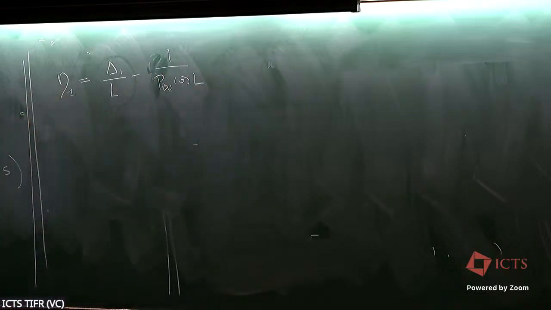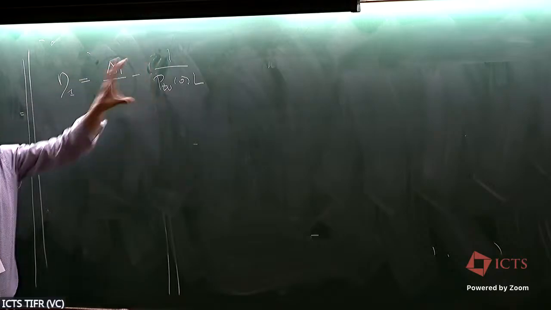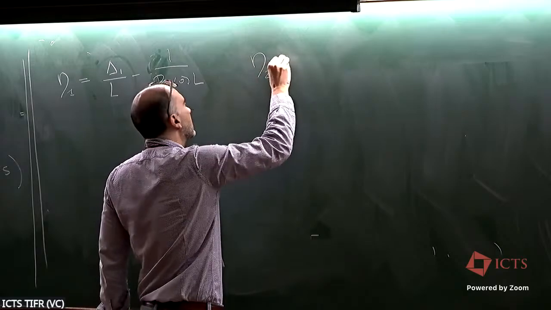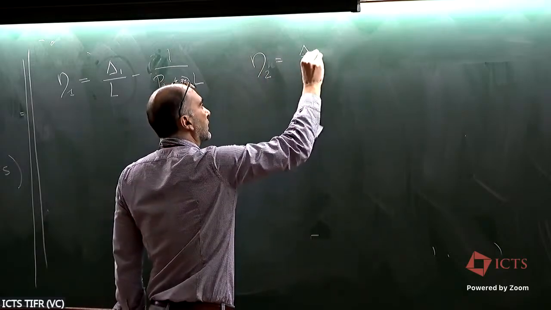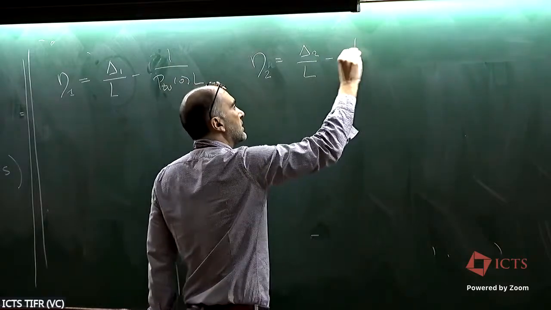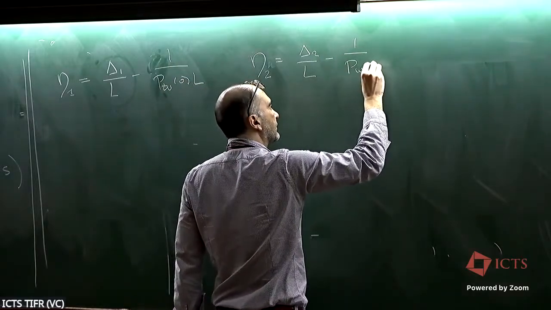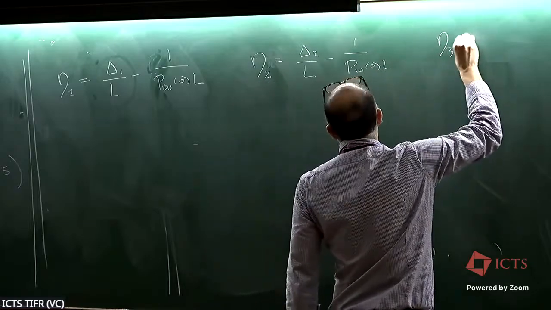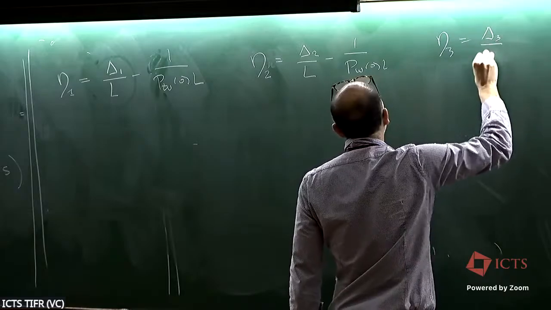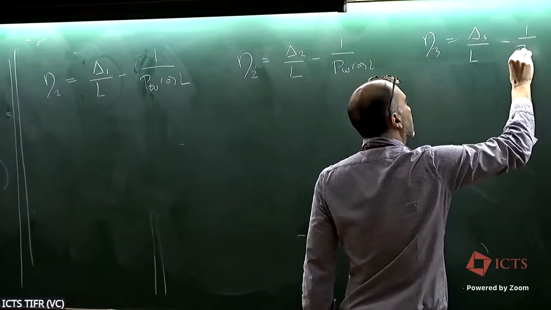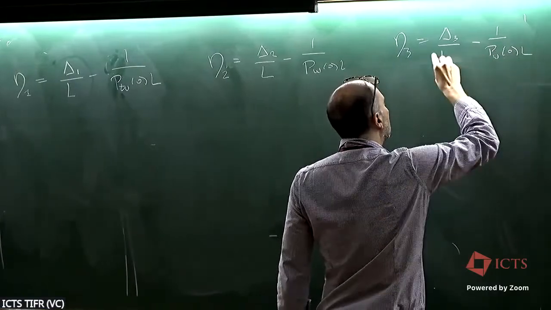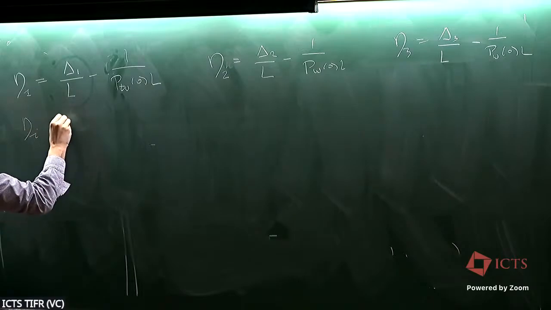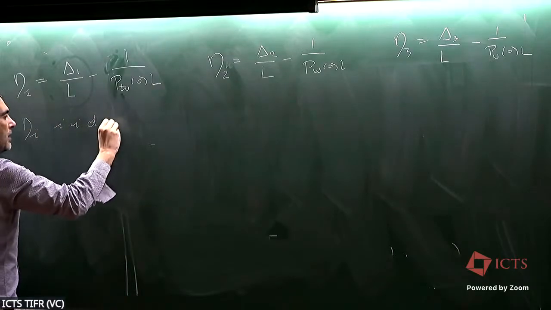So let's take the kick minus the gap. And now we go on, eta2 is equal to the second kick minus the second gap. Eta3 is the third kick minus the third gap. And these gaps are always of the same order. So eta1, eta2, eta3, eta i are IID numbers.